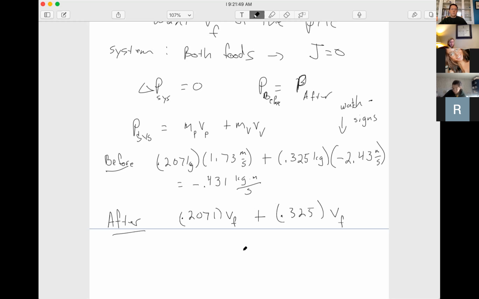And I can add those up. So that's going to be 0.325 plus 0.2071. Oh no, there's no one there. That should be kilograms. Sorry. So that equals 0.532 kilograms times v final.